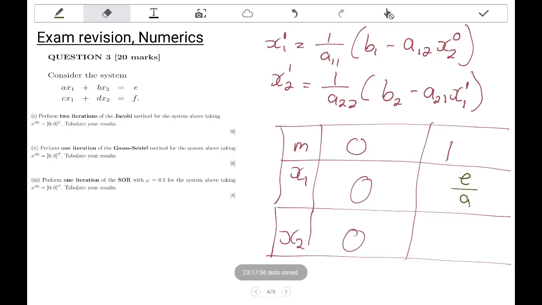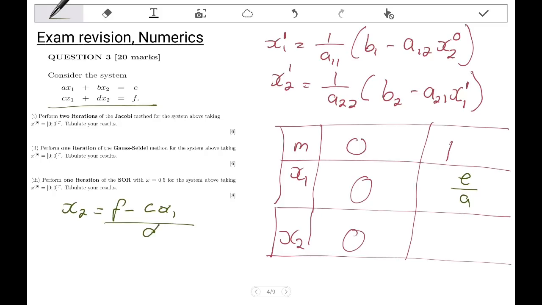So x2 is equal to, you make it the subject of the formula from the equation, f minus cx1 all divided by d. And then x2 is equal to f minus c times x1, and you substitute the recent x1, because according to our algorithm here, you substitute with the most recent x.